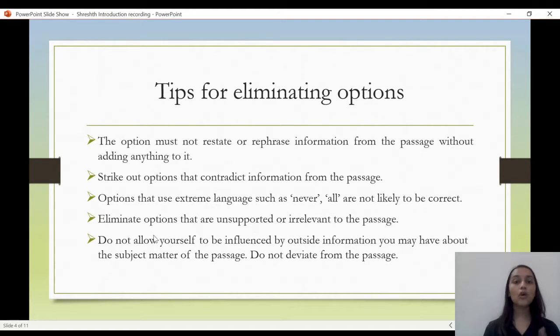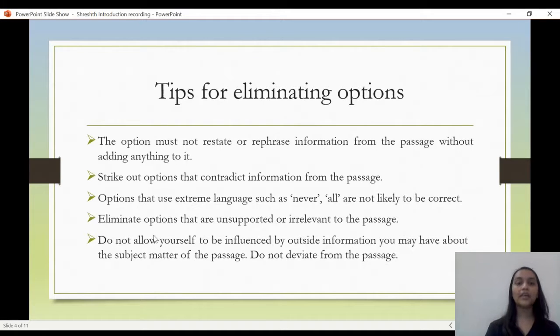Alright, so there are a couple of ways to eliminate options, which would make them more likely to be incorrect. So first is, the option must not restate or rephrase information from the passage without adding anything to it, which means that if something is just a restatement or rephrasing of information from the passage, it is not essentially an inference, right?